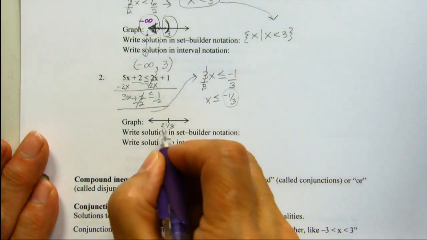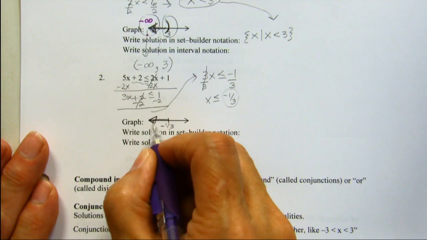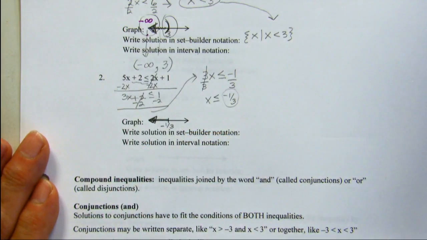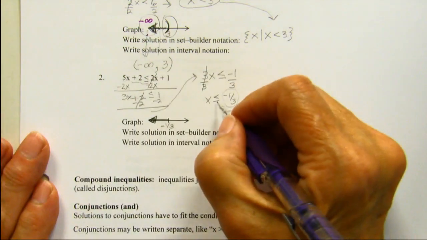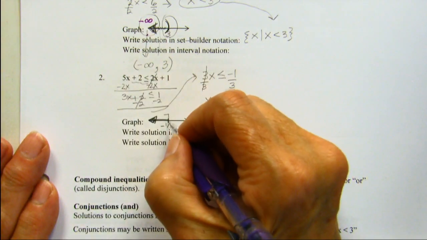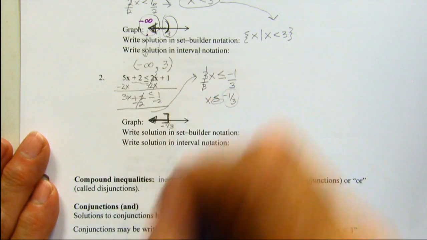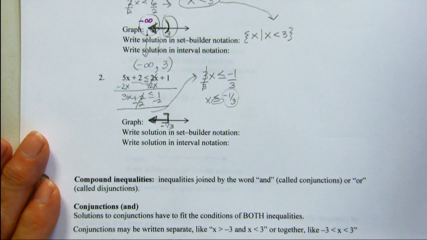Left. To the left, very good. And will there be a bracket or parenthesis on my graph? Bracket. A bracket because of the equal bar, and the bracket will open up towards whichever way your arrow went.